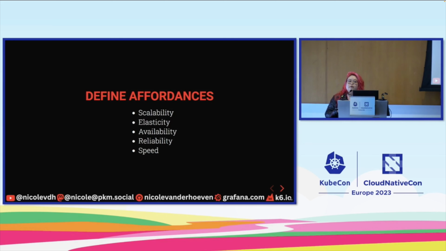Sometimes they're sacrifices you make at the expense of speed, for example. So when I think about the ways in which a load test interacts with the system, these are the things that I can come up with. In the next slides, I'm going to get into the technical part, and I'm going to show you how we can test each of these affordances and then put it all together.